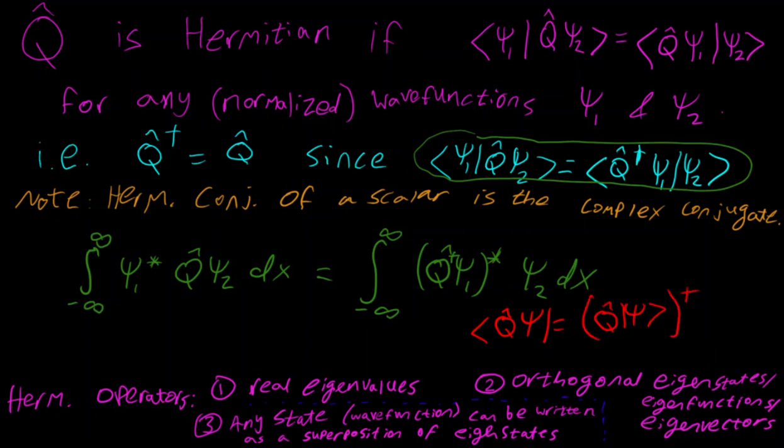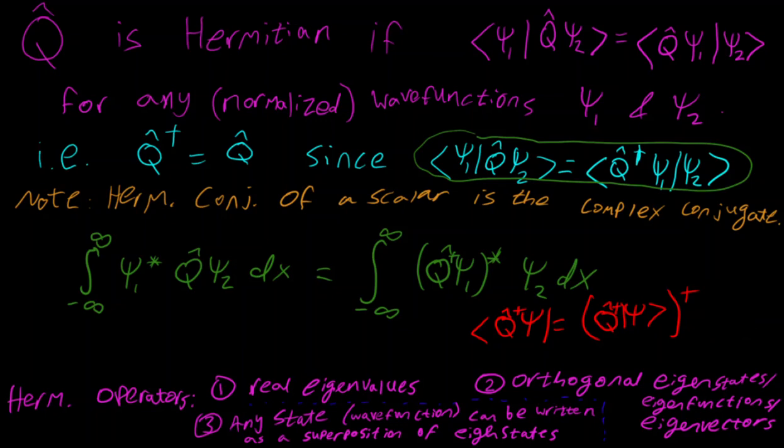That's what's going on here. So if this is Q hat dagger, like it is in this equation, this would be Q hat dagger right here. That's probably the best way to explain it.